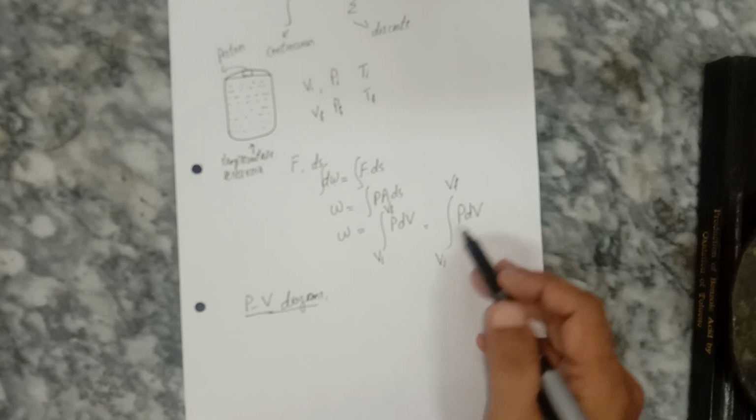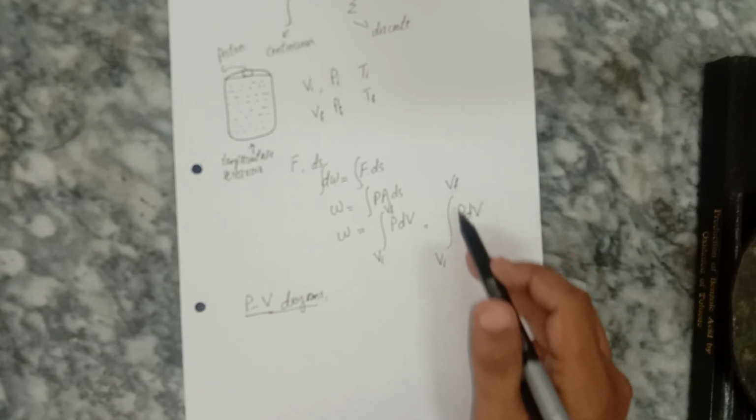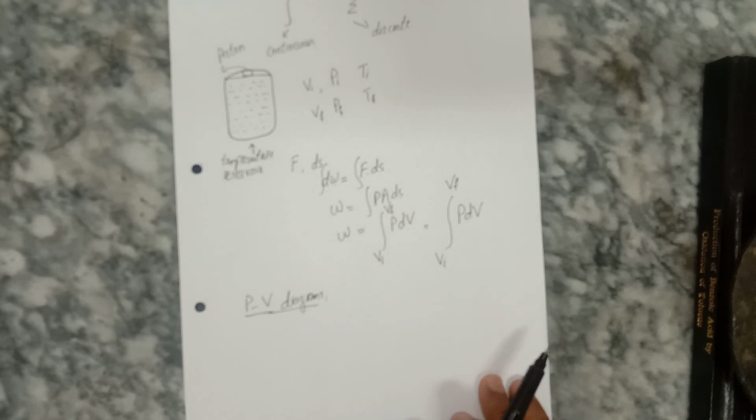The work done given by this relationship is the same as the area under the curve of a PV diagram. In the coming conversation, that would be very helpful.